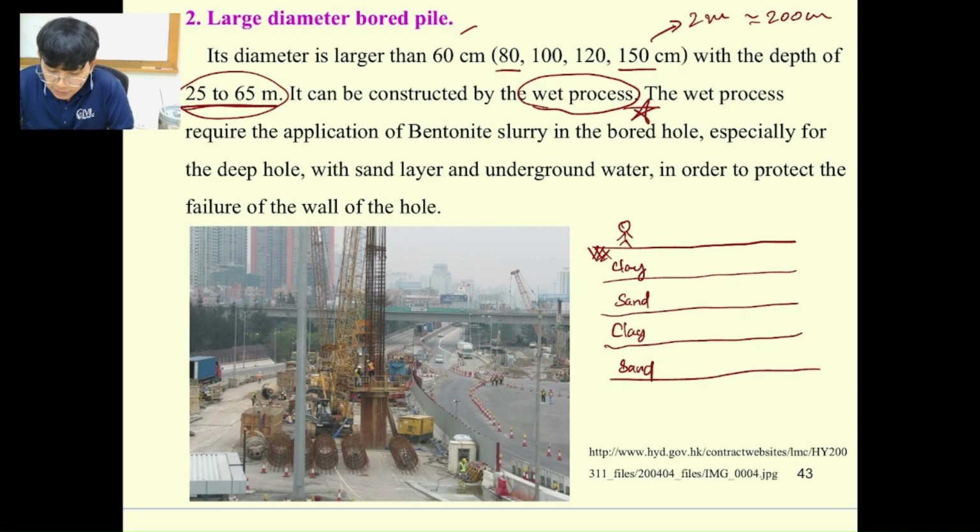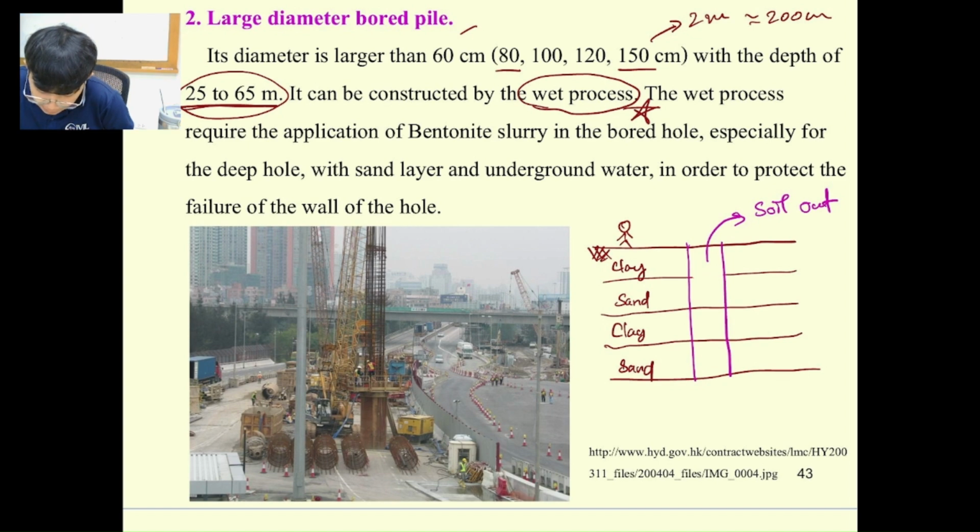When you construct with the wet process, you need to dig the soil out. What happens is the clay layer is going to stay still. Nothing happens with the clay layer, but the problem is going to occur at the sand layer.